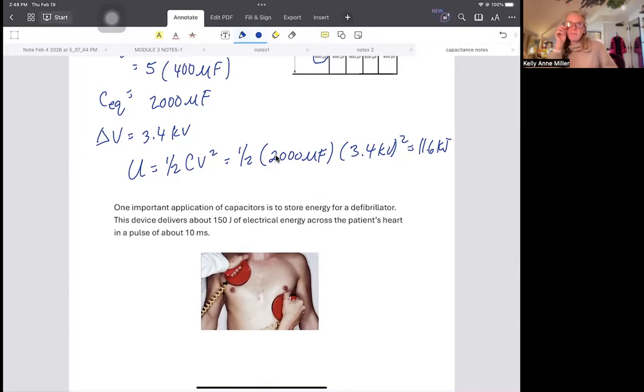You've seen on medical shows, they charge them up to a certain potential difference, and then they discharge them across a person's heart as a way of delivering energy to try to restart the regular rhythm of the heart. So a defibrillator is just a giant capacitor.